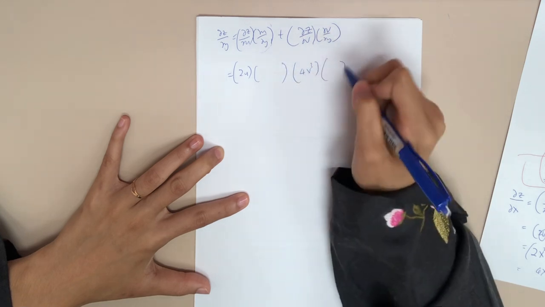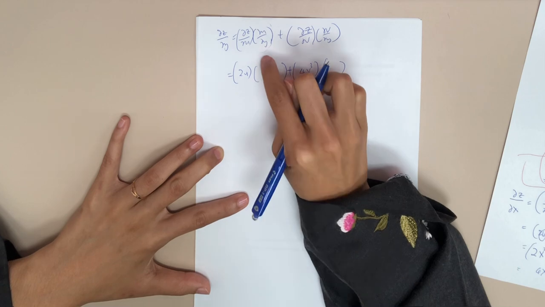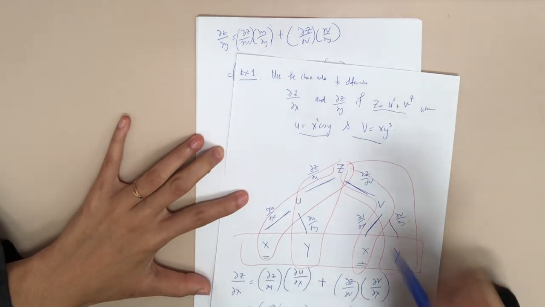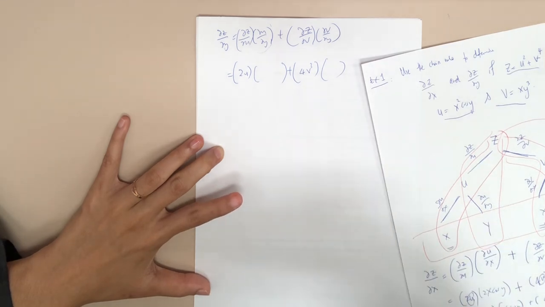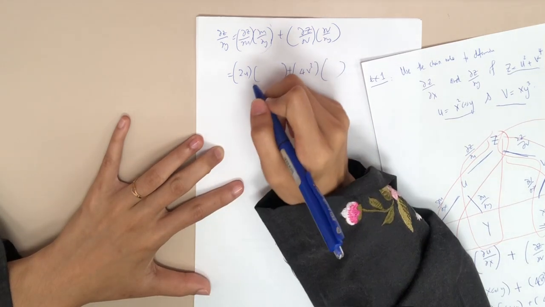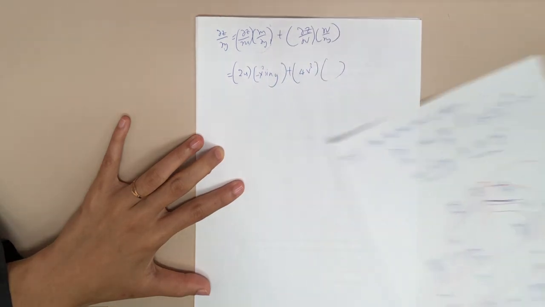Now the new ones you need to find are du/dy and dv/dy. So what is du/dy? Differentiate u with respect to y, so it is negative, right? Negative x squared sin y. And how about dv/dy?